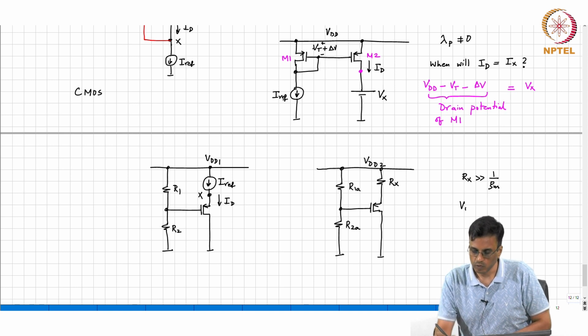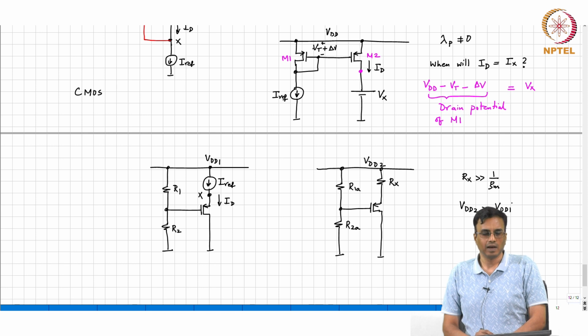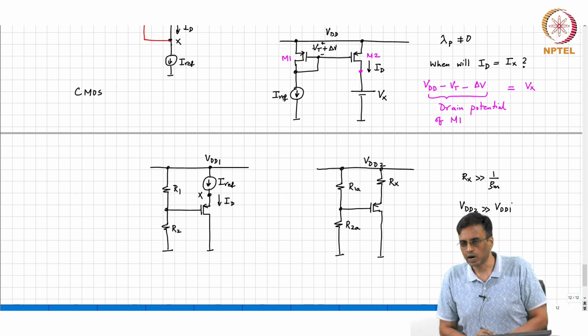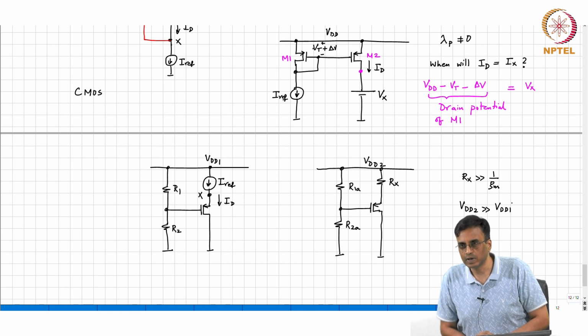So VDD2 must be much larger than VDD1, and that is the penalty you pay for not having a current source, right. So, in the limit that Rx will tend to infinity, the VDD2 will also tend to infinity, and that is when you get a true current source behavior.